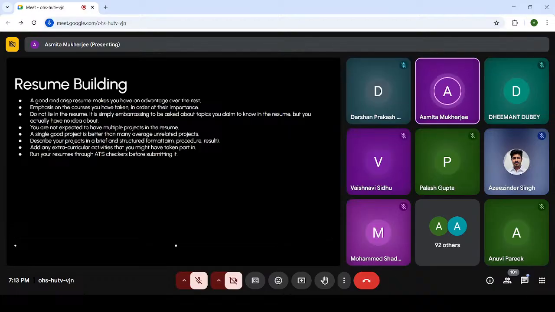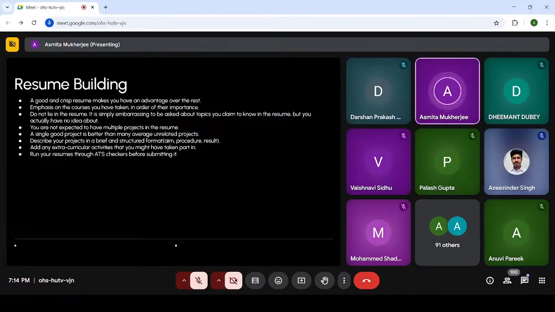And this has actually happened in the past. And then you will be quizzed on your resume. They will ask you questions about your resume, and you need to know all the topics that you've written in your resume very well. So imagine if they ask you something and you're not able to answer it, especially if it belongs to your project, that is pretty bad.